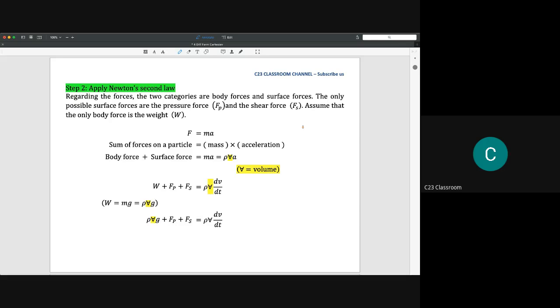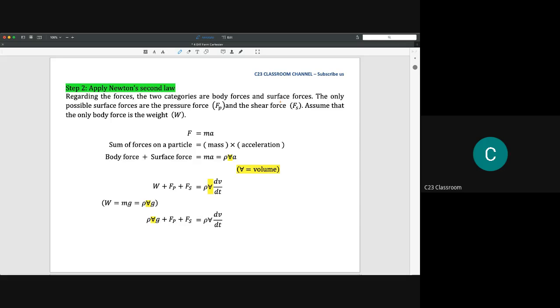Okay. Because of the existence of a surface, when fluid flows it will create pressure. When the pressure exists and at the same time you have a surface, pressure times area will create force. Then if you have fluid, for sure you have shear stress.